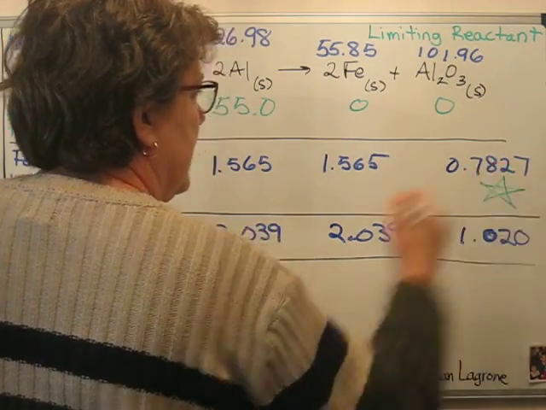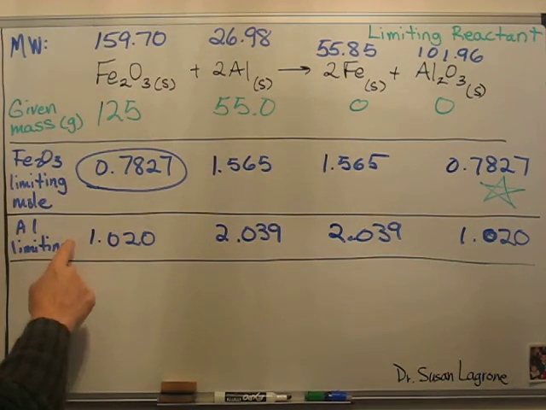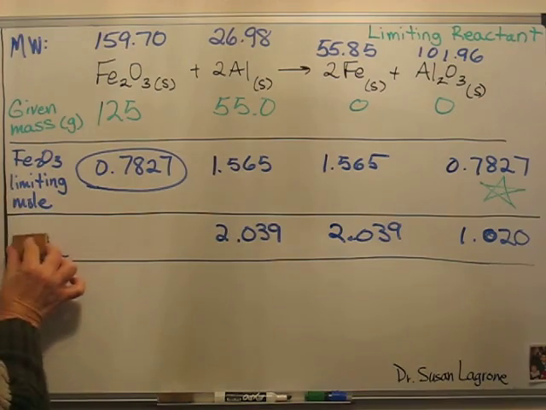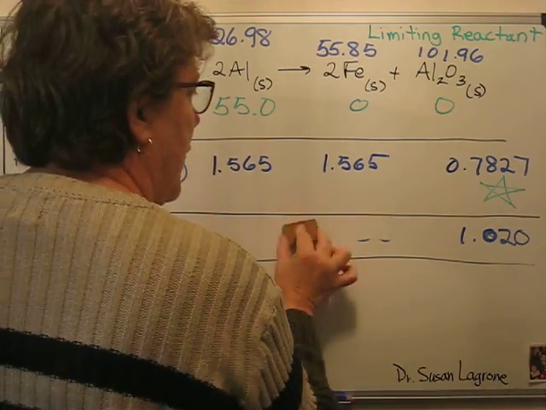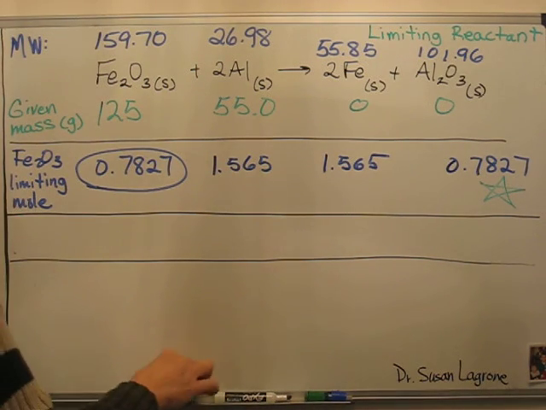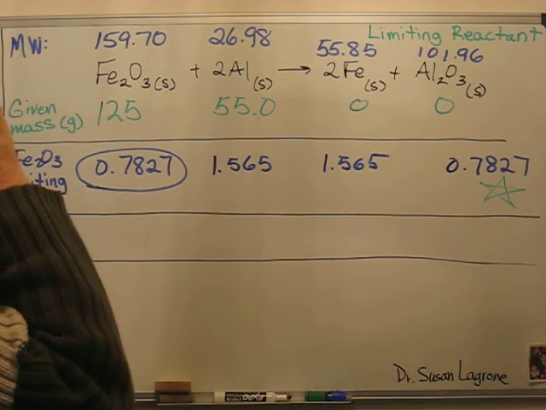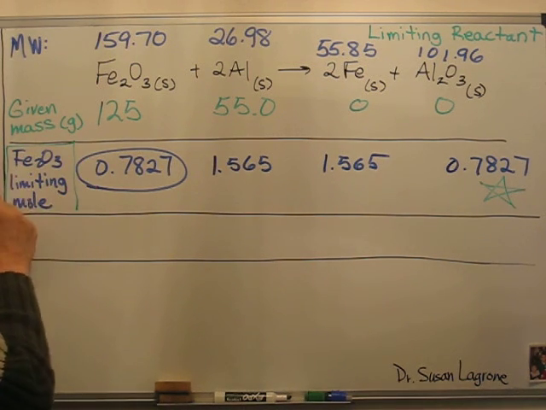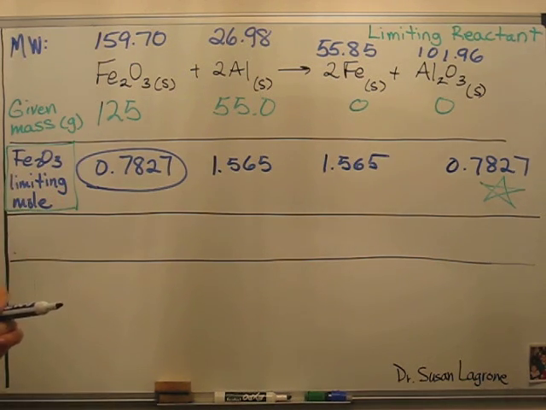So this is basically nonsense. When you're doing it, you can simply strike through that row, because you will not need it. It assumed aluminum was limiting, but we know it is not. So I know now iron 3 oxide is limiting. So I can already answer that question if asked.